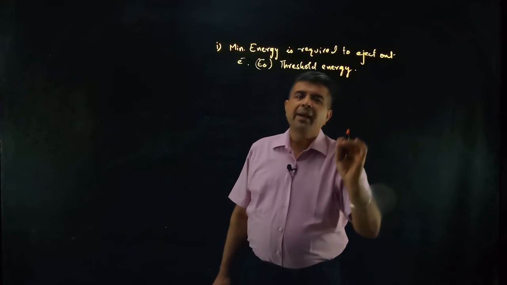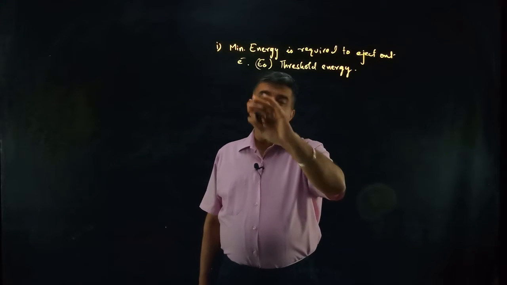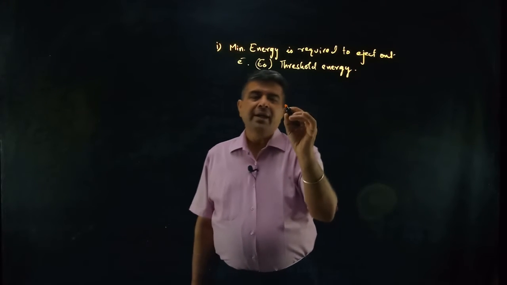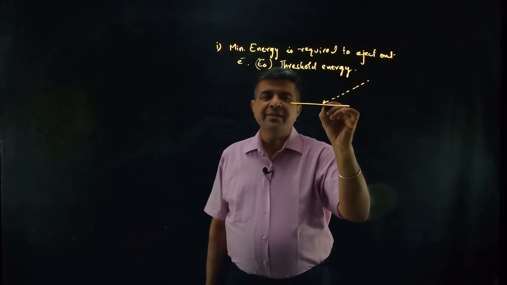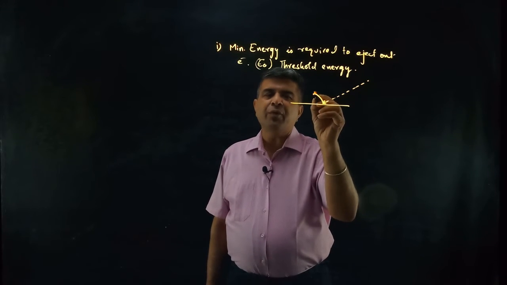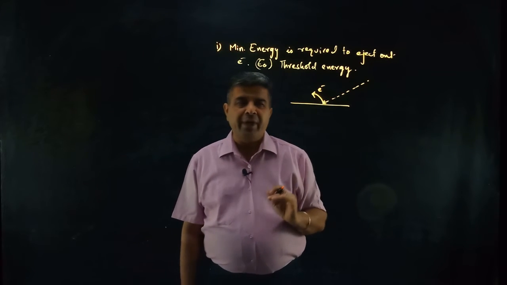And every metal has a specific threshold energy. Say this is a metal surface, and if light is made incident on this, electrons would only be ejected out if the energy is greater than threshold energy.